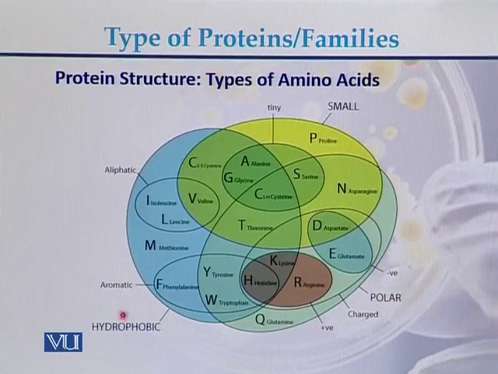Amino acids can be aromatic or aliphatic, and some are very small, which are called tiny amino acids. So these are the types of amino acids based on whether they are small in size, polar, charged or not charged, hydrophobic, aromatic or aliphatic.